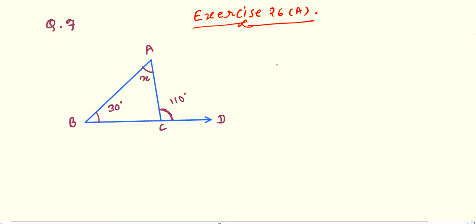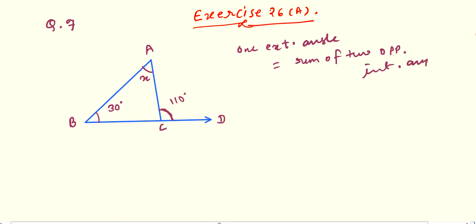As you know, I have told you the property of exterior angle in the introduction part. Again I am just explaining it. One exterior angle equals the sum of two opposite interior angles.